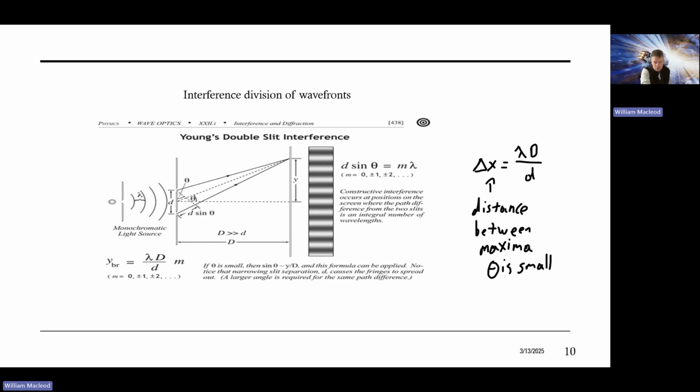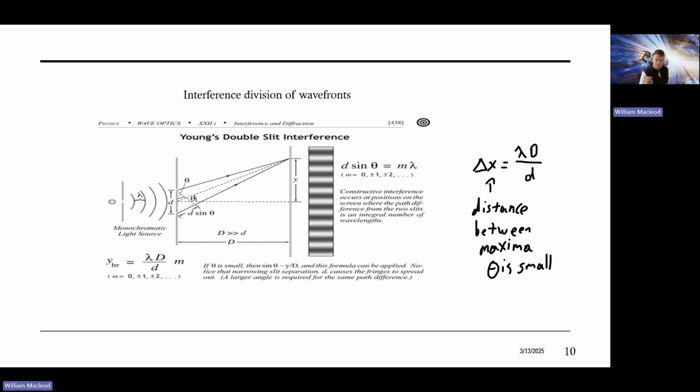Now, an experiment we're all familiar with from higher physics is Young's double slit experiment, where you get interference by division of wavefronts. So you get maxima at very specific positions on the screen.